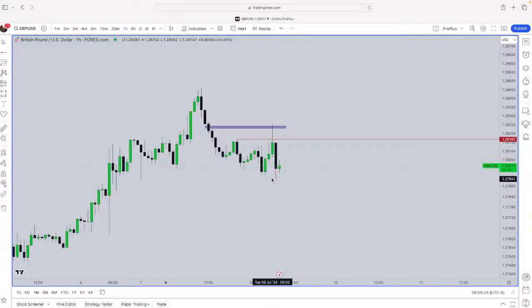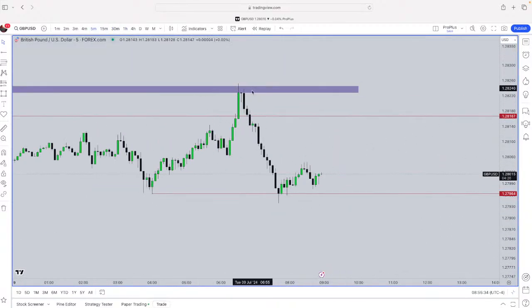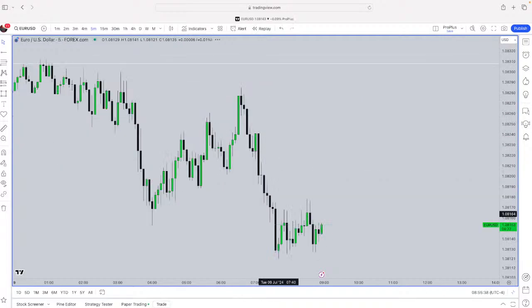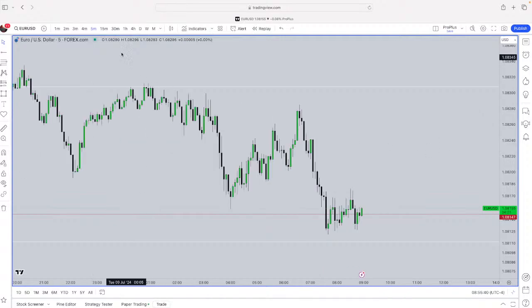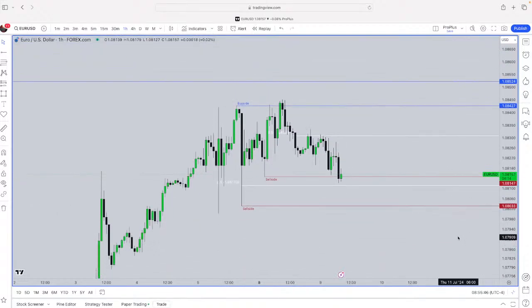But if it wanted to go lower, then again it would be this low here. But it seems like it drops pretty quick, so it doesn't really give you an option to get in. So yeah, if anyone's traded GU, I'll be surprised if you got a trade in that run. EU was a little bit cleaner, a little bit easier.